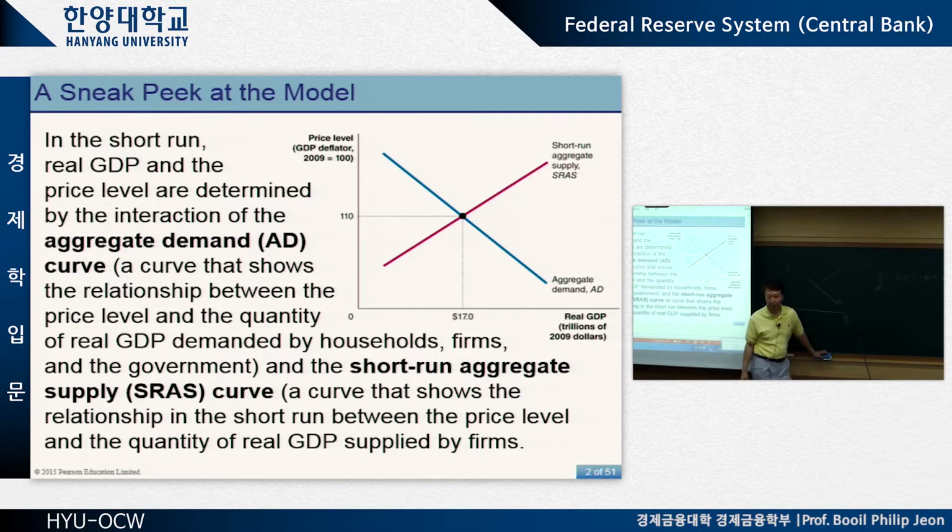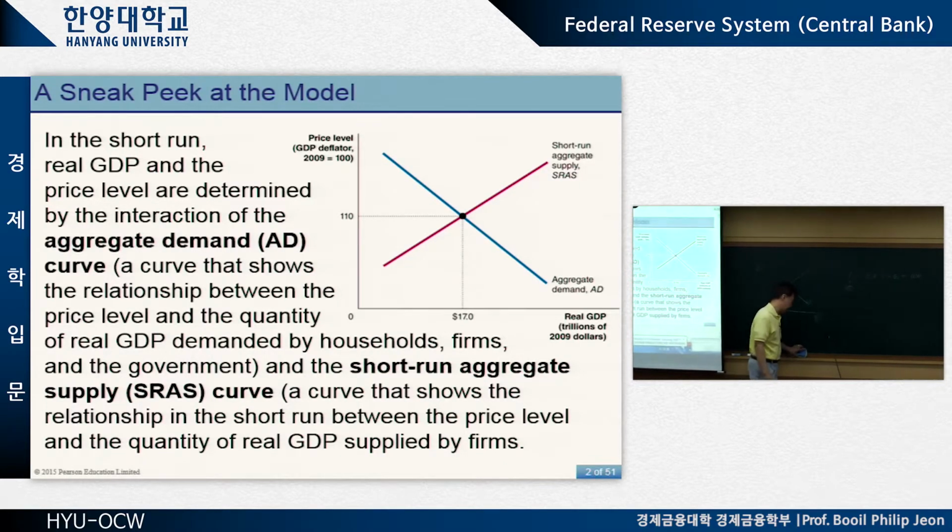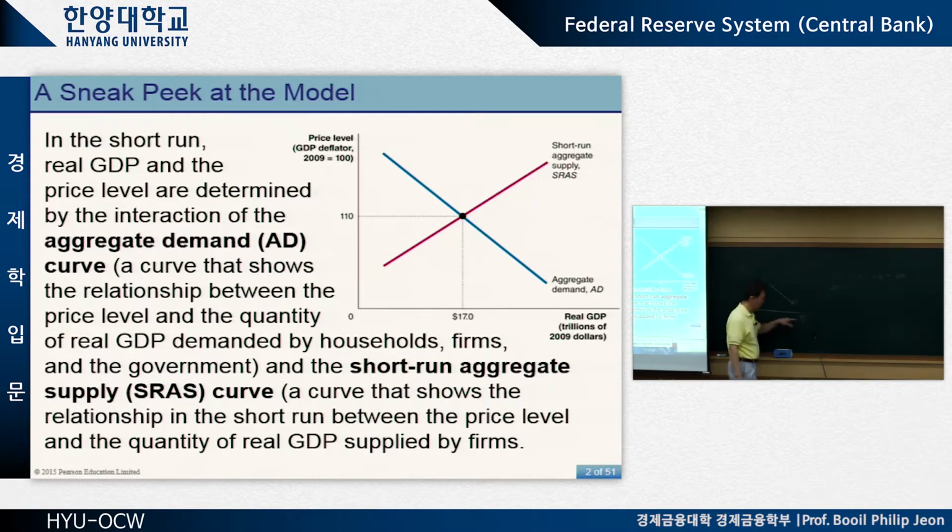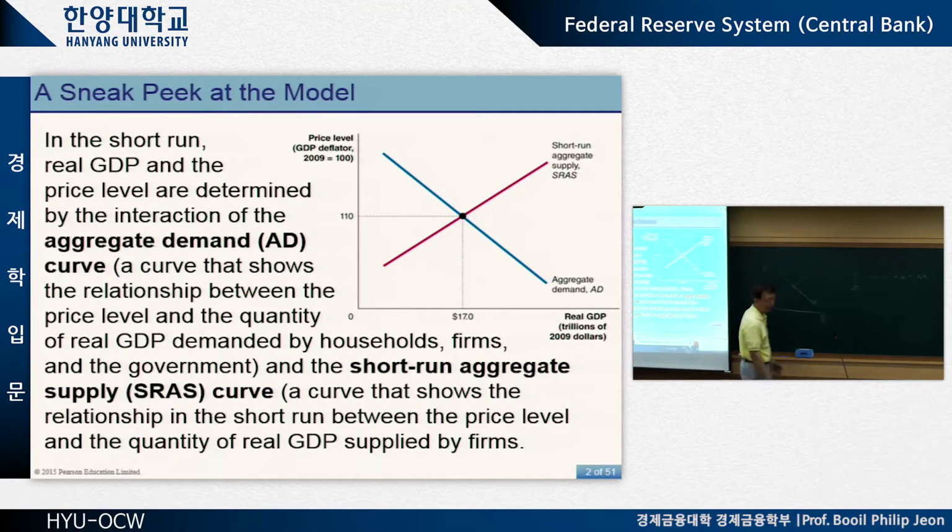Sometimes there is an overall increase or general increase in the price level. We call that inflation. So make sure you understand the concept of price level and the total output or total demand for goods and services.